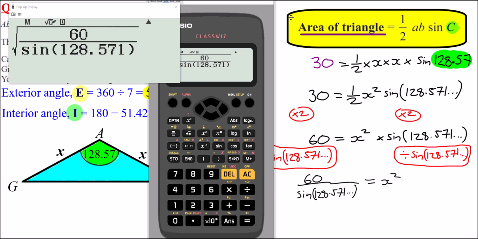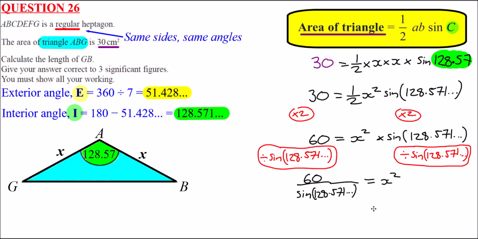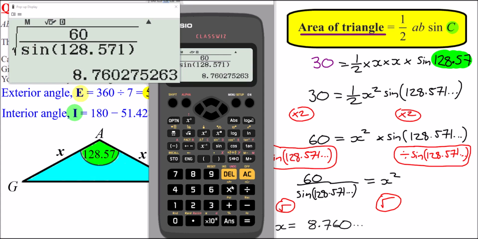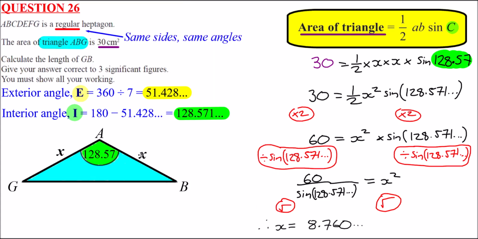Square rooting both sides, we should get a value for x of 8.760. If I square root both sides, you can see I do get 8.760. So I can fill in that x is 8.760, and then move on and consider how we can use that information to finally calculate the length from G to B.